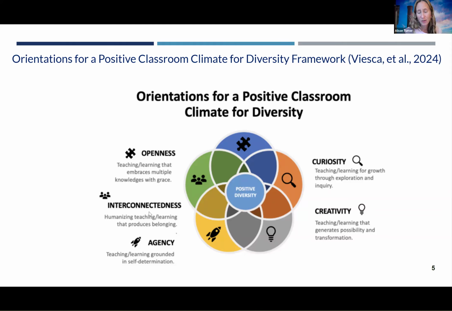And then the last two are lovely, right? Curiosity and creativity. These seem like, yeah, it's a natural part of any classroom, but not always. Curiosity, as Viesca defines it here, is teaching and learning for growth through exploration and inquiry. And that's why I love also how this connects to the RIDL framework from the beginning of this module.